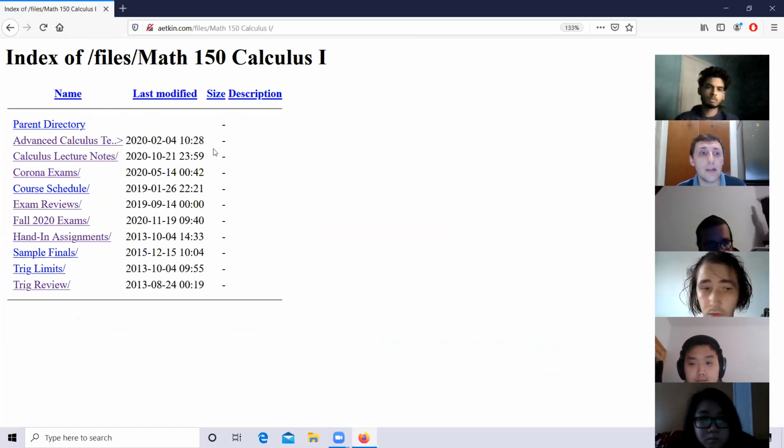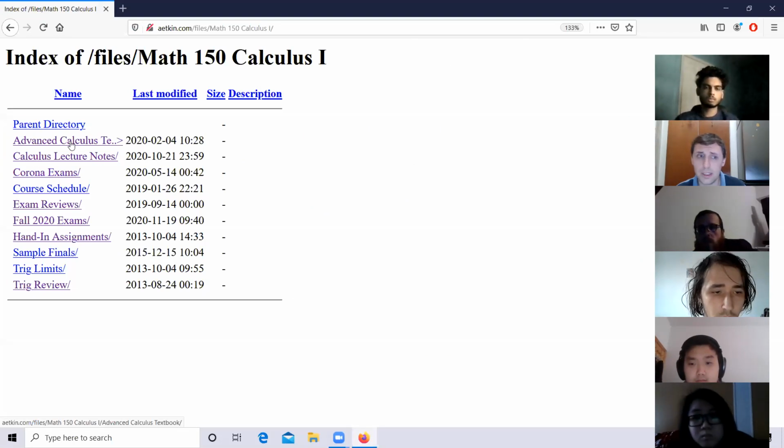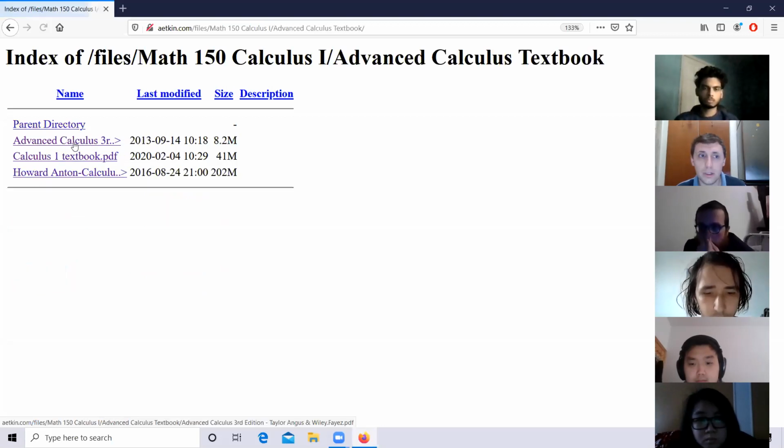If you are having some prerequisite issues and you don't remember everything you're supposed to know before you take this class, you see this Advanced Calculus textbook here, the top link. You click on it and you see 3 books. The middle book is the supposed textbook that we're using.